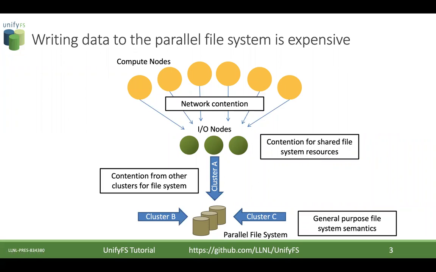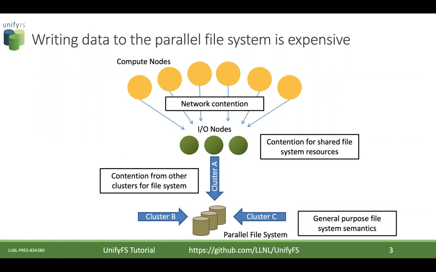And then finally, historically, parallel file systems have tried to provide general purpose file system semantics, which is good because it promotes ease of use. People are familiar with it. But unfortunately, it also results in the parallel file system having to implement some fairly costly locking and synchronization mechanisms that only have a negative effect the more and more you scale up the size of the system.